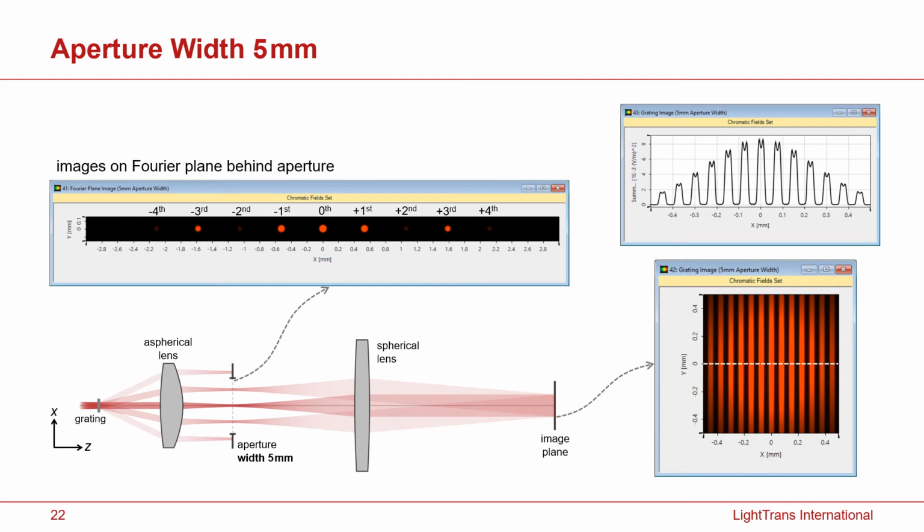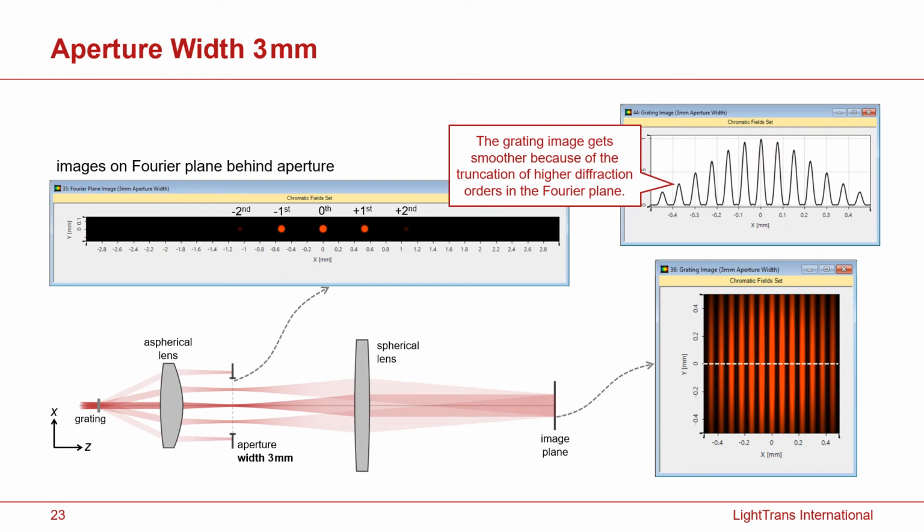In the first case, we keep the aperture width at 5 mm, which is relatively large, and we can see that diffraction orders from -4 to +4 go through the system. They contribute to the final image and make a very good, well-resolved result.